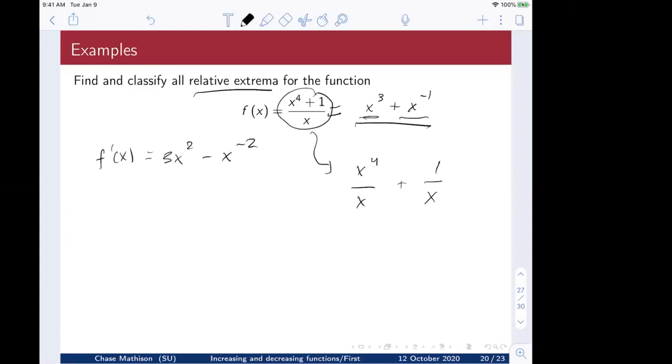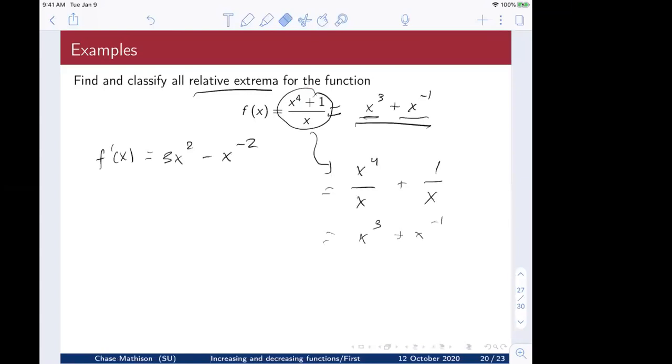But if we sort of undo that, if we write these both over the same denominator, then x to the fourth over x is x cubed, and 1 over x is the same thing as x to the minus 1. Was that helpful, or did that just make it more confusing? Yes, thank you. Okay, good.